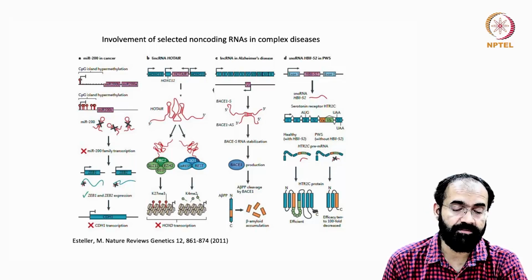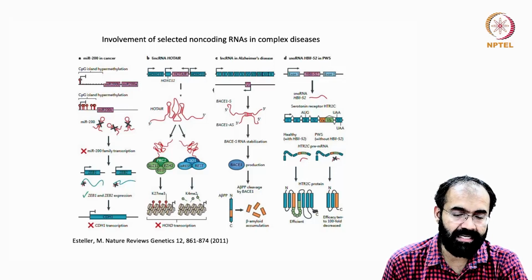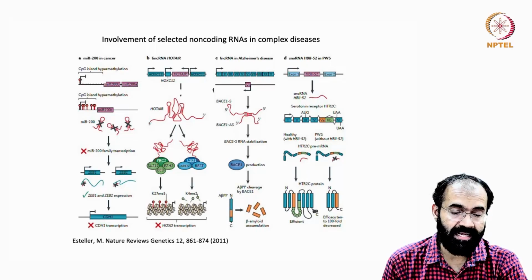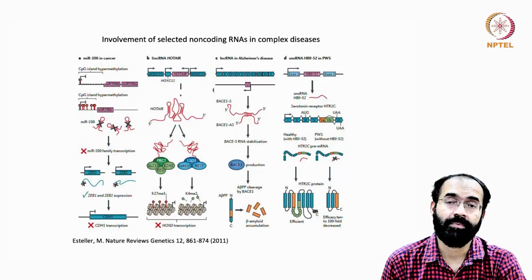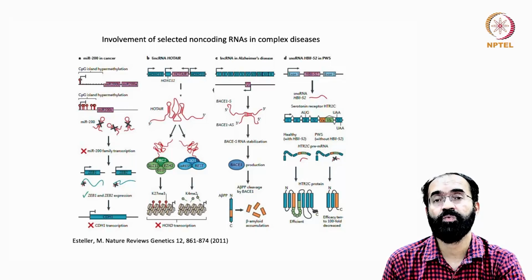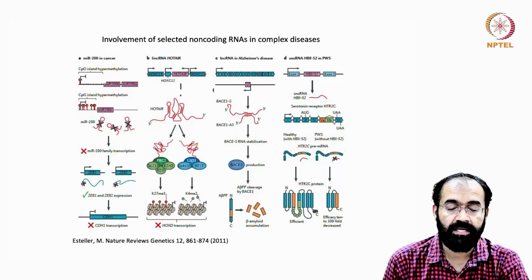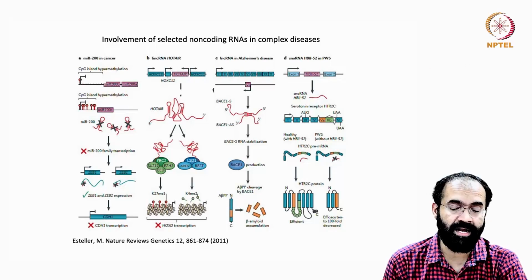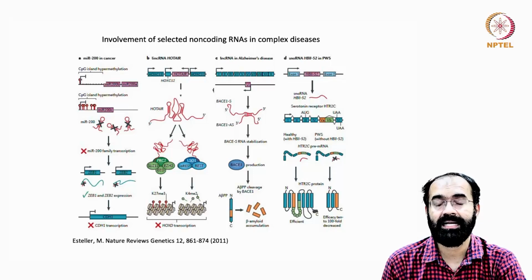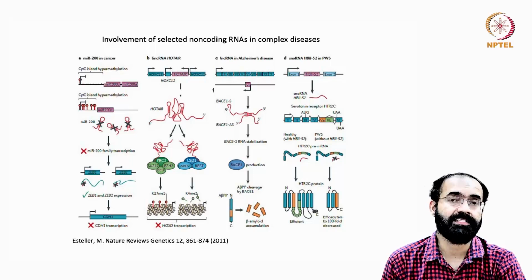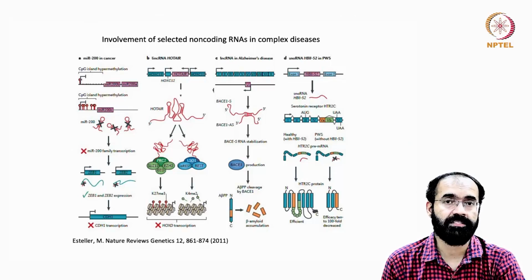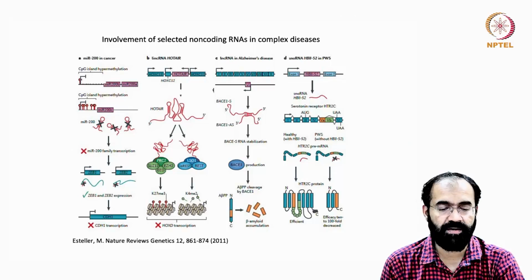And if ZEB1 and ZEB2 expression happens smoothly, it can influence the expression of cadherin 1, CDH1, in a negative manner, and it will be missing. That can lead to the metastasis, or the localization of these cancer cells into different loci.